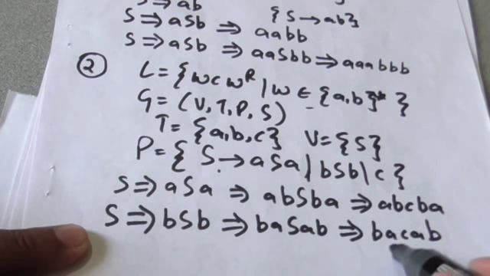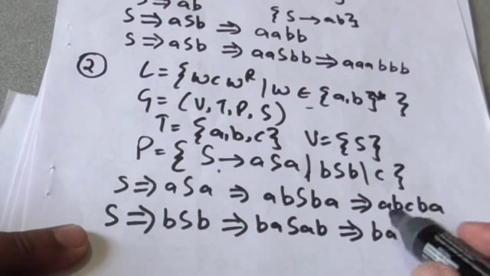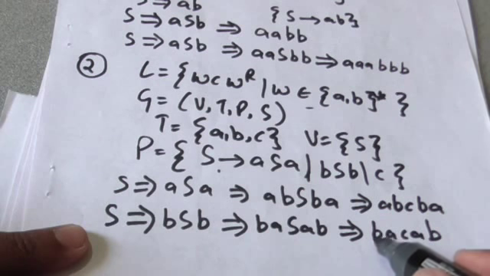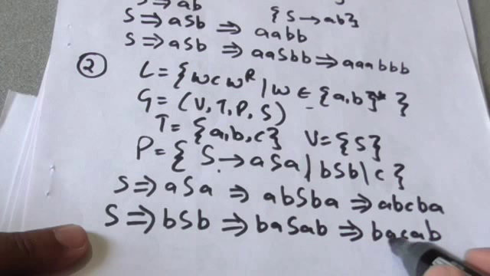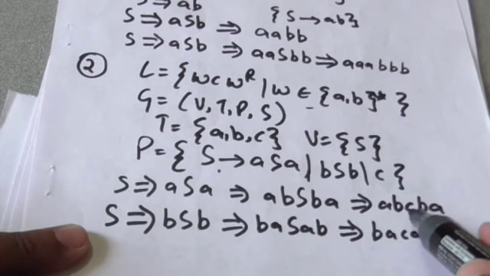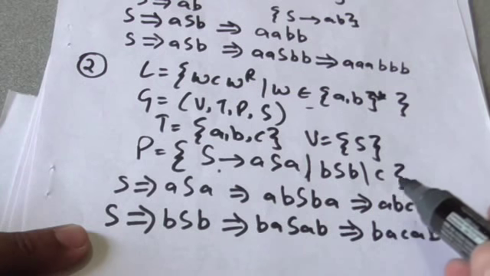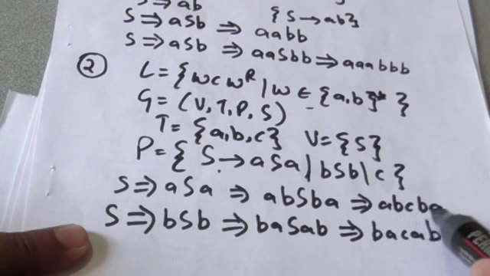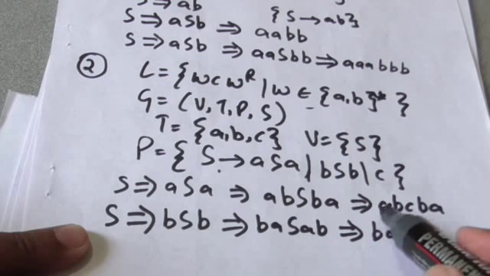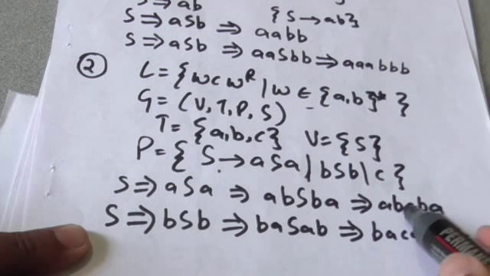Now see, this string is of the form W C W^R. The string which is at the right of C is the reverse of the substring which is at the left of C. Here also, in the string which we have derived, the substring which is at the right of C is the reverse of the substring which is at the left of C.